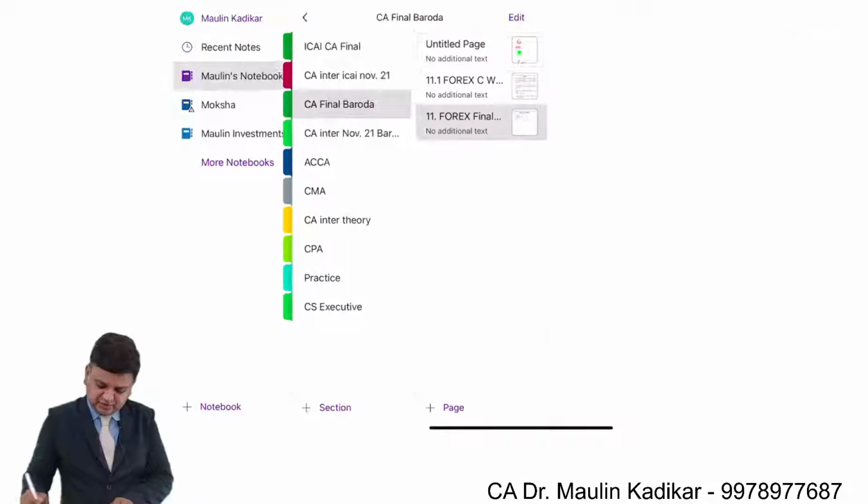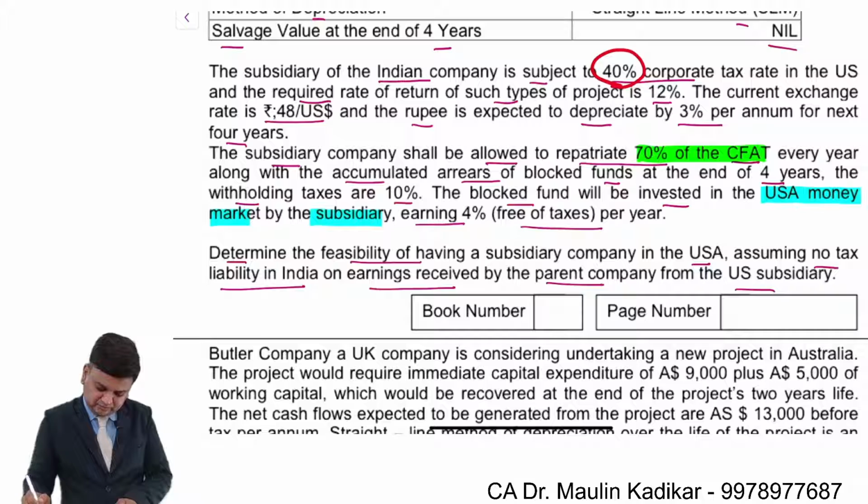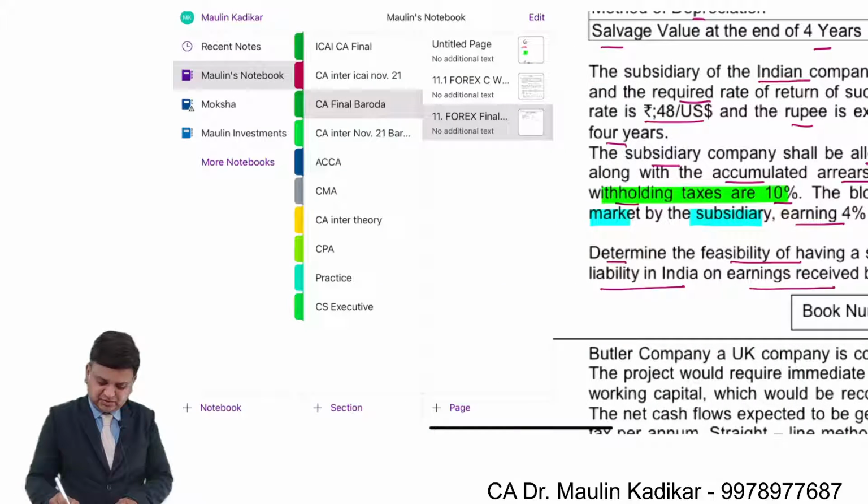I'm sorry, first of all, the question is providing that only 70% can be repatriated and withholding tax is 10 percentage.